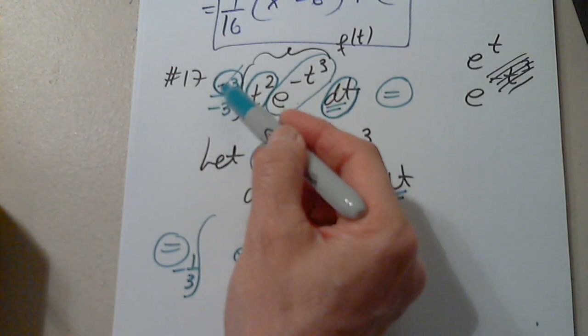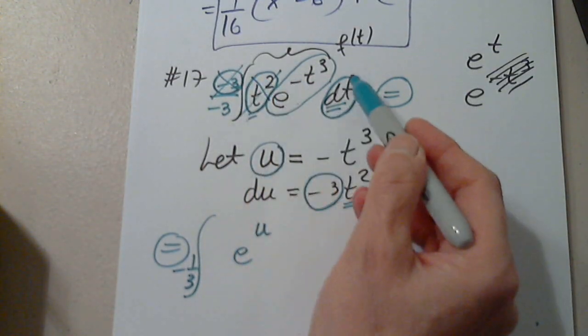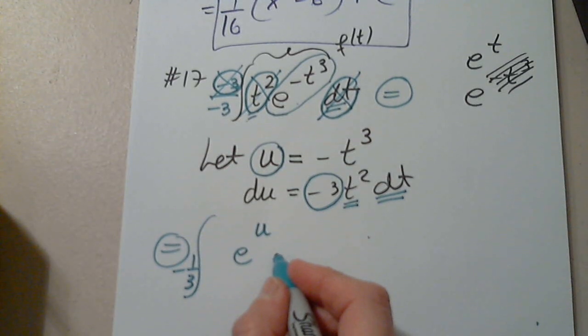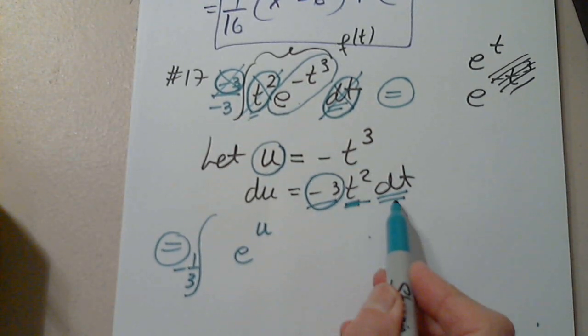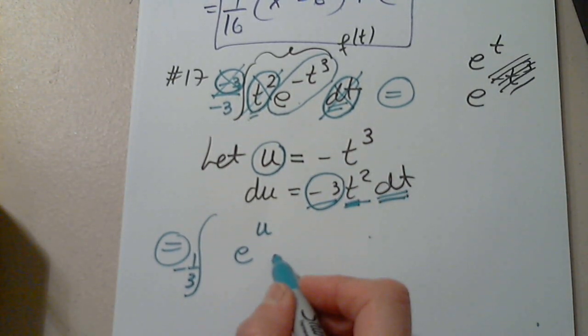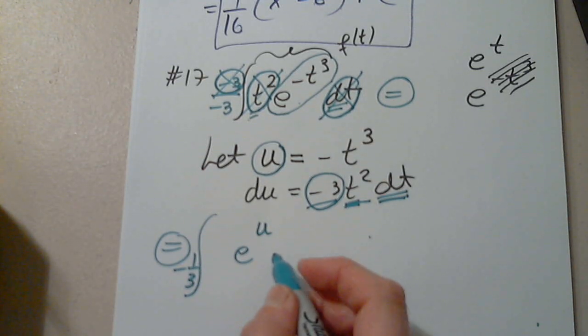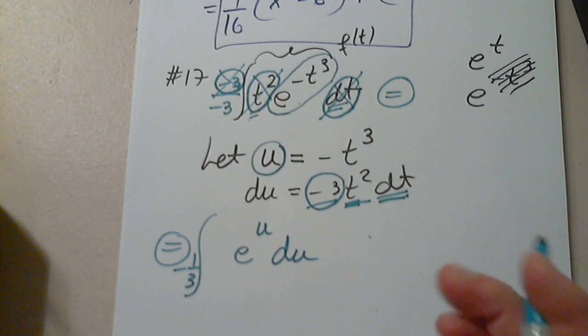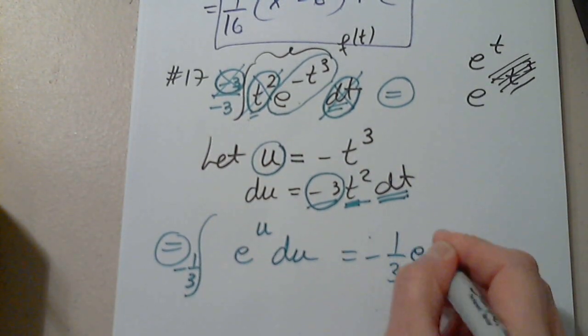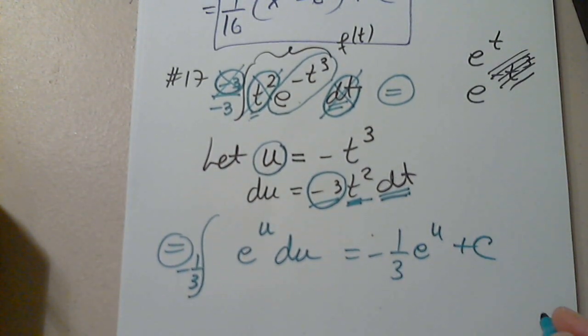So what do I replace negative 3 times t squared times dt by? That's it. I'm done. Negative 1/3 e to u plus a constant c.